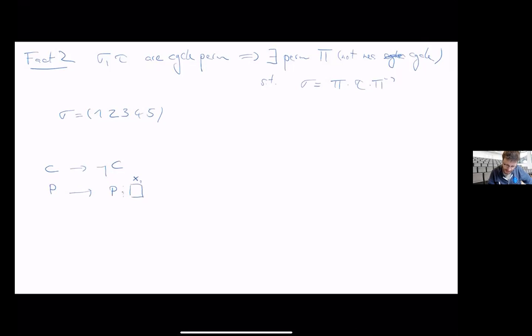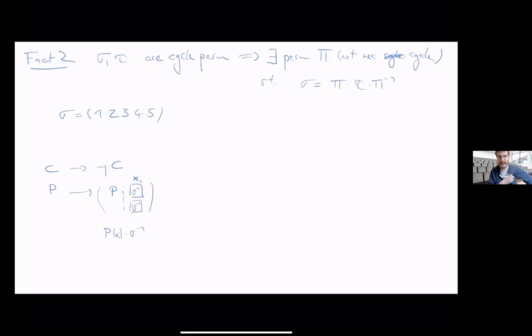So I'm adding an extra column to this branching program. And what I'm computing here is just sigma inverse and also sigma inverse. So what this program computes is just P of x times sigma inverse.